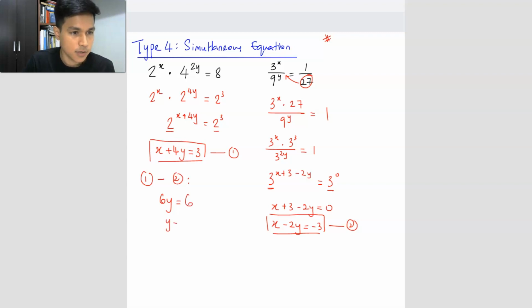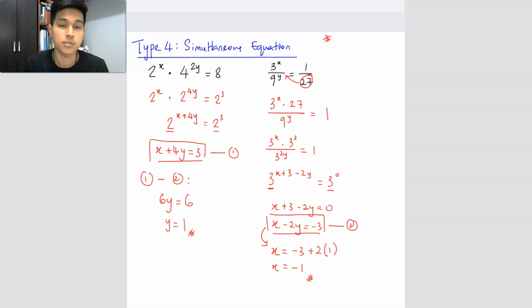So from here you know y equals 1. Now we have to find x, so we substitute into one of these equations. x equals negative 3 plus 2y, and y is 1. So negative 3 plus 2, you get negative 1. So x is negative 1. This is how we do simultaneous.